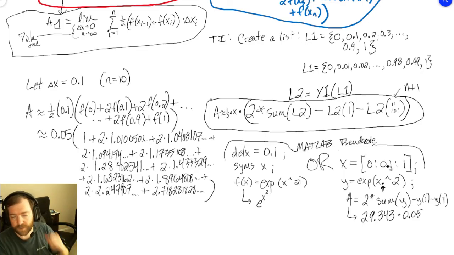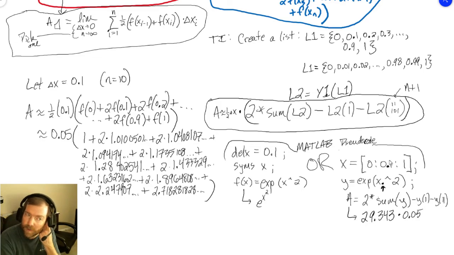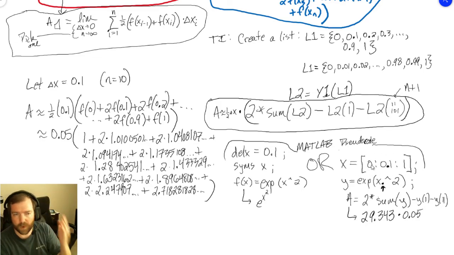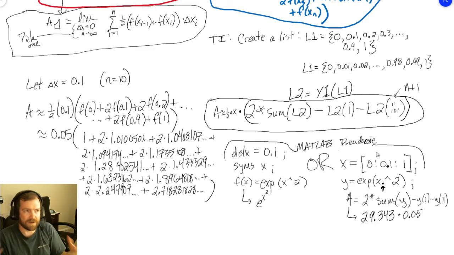And so in this particular case, we have a matrix that is 1 by 11 with all the individual numbers 0, 0.1, 0.2, 0.3, all the way up to 1. That's a vector. When you try to square a vector or multiply it by itself, you can't do that, right? You can't multiply a vector by itself.